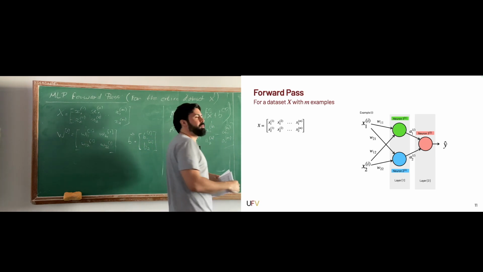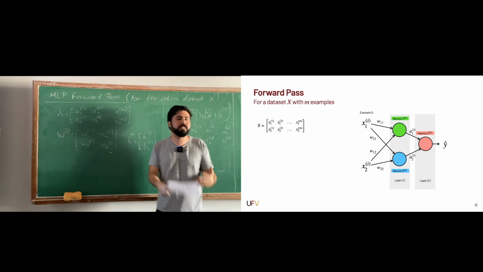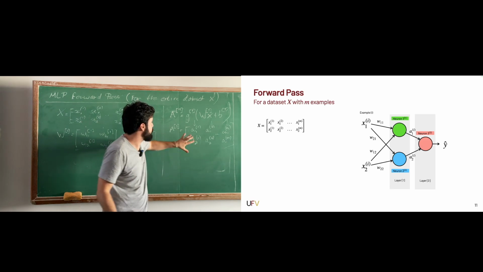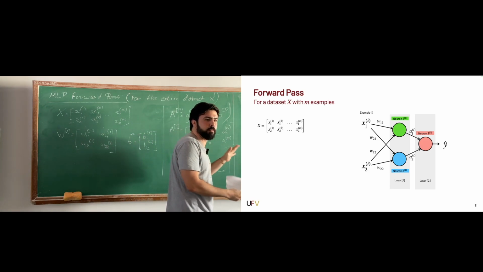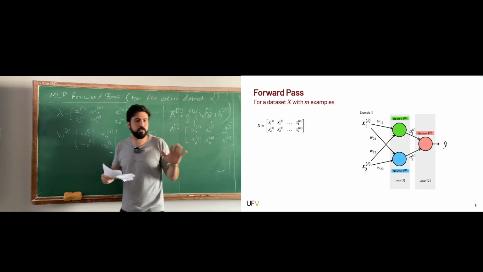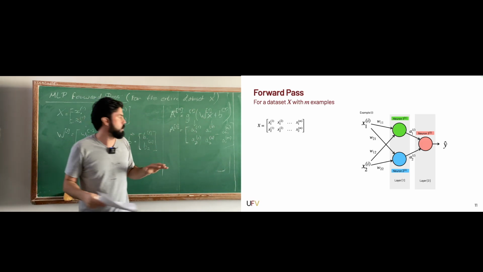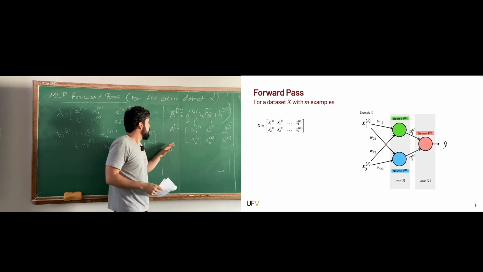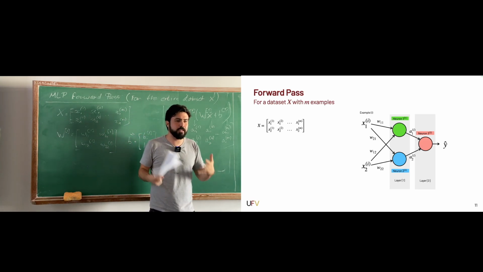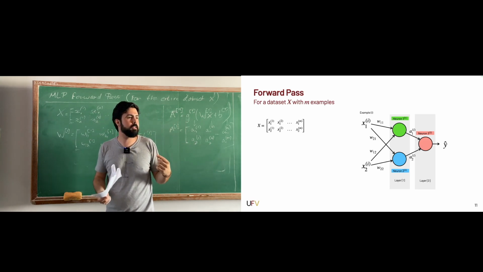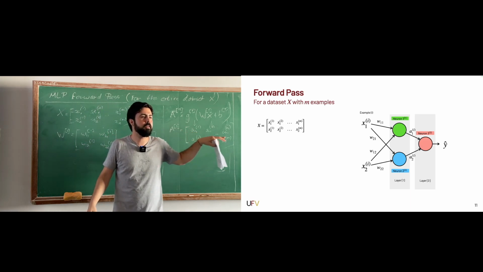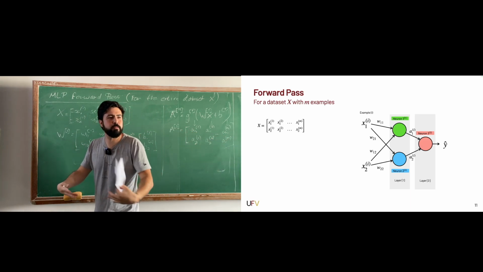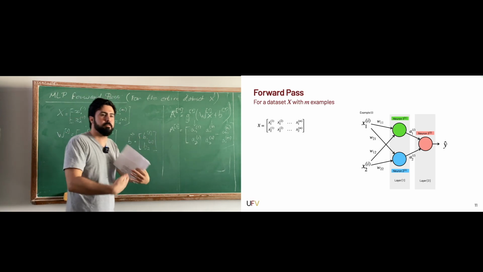Obviously we won't be able to do this in a very large data set regime, like when you're dealing with images. But we're going to try to do as many examples as possible at once, and we're going to see how to do that later in this course. If you're dealing with small data sets, we can process all the examples at once. If all of this fits in your memory and your CPU can do these operations, then you're going to do that in very few cycles.